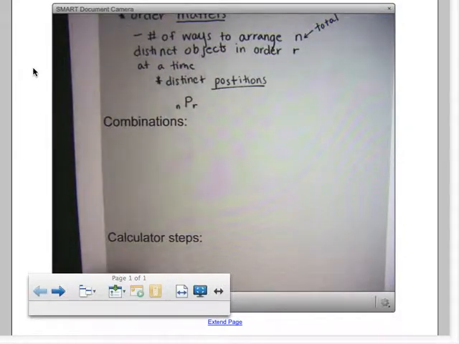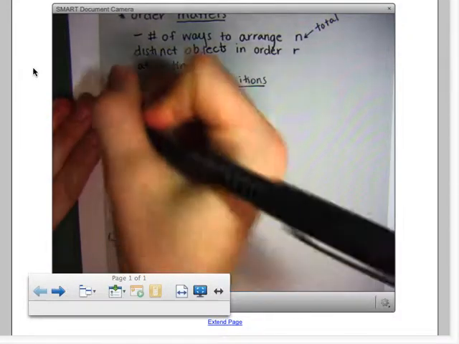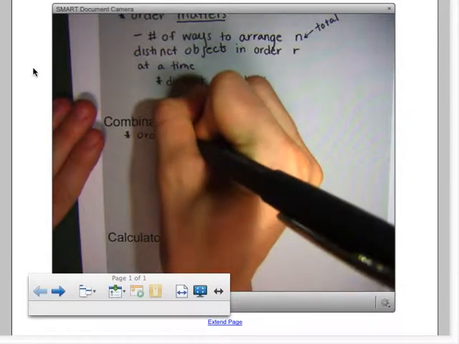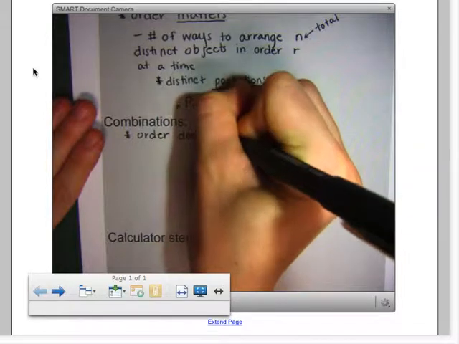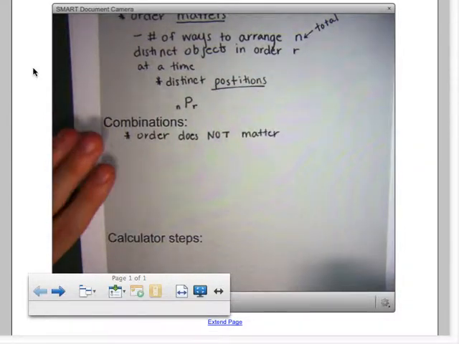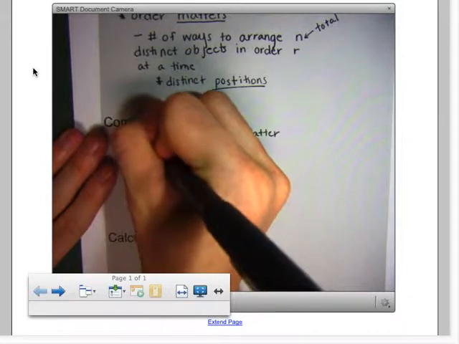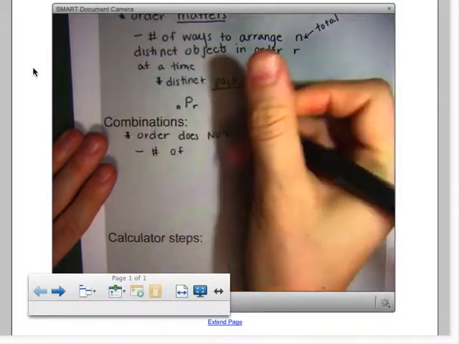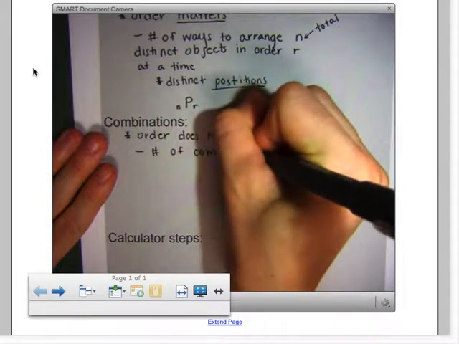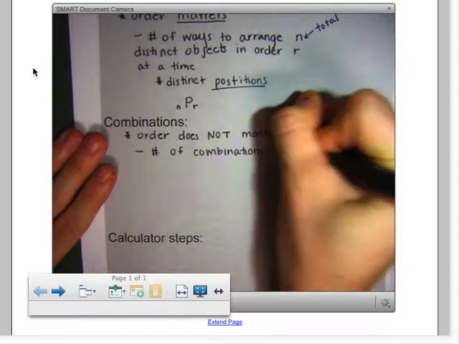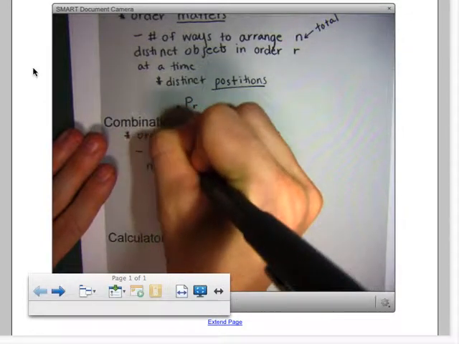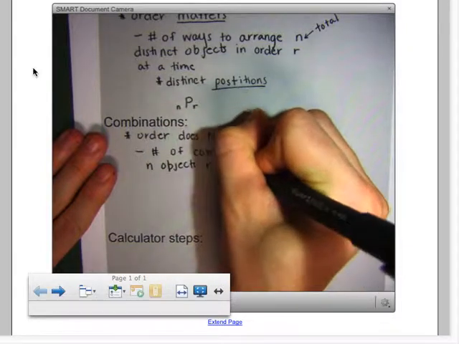Okay, so combinations. Order does not matter. So the number of combinations of n objects r at a time.